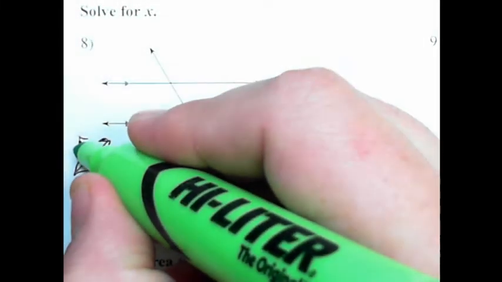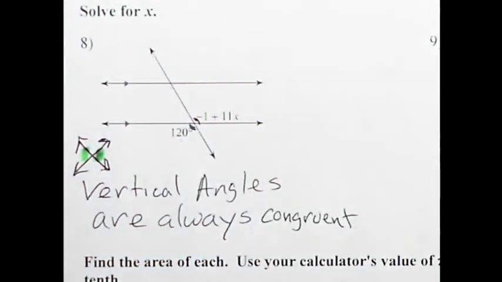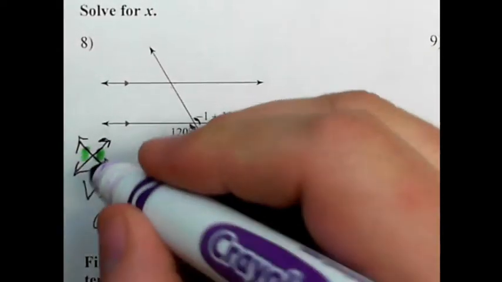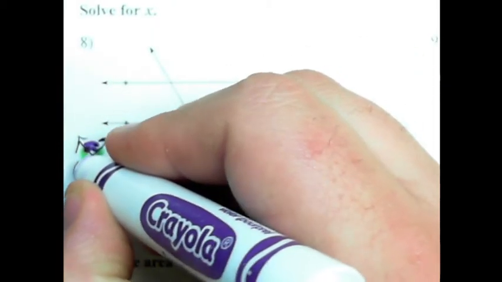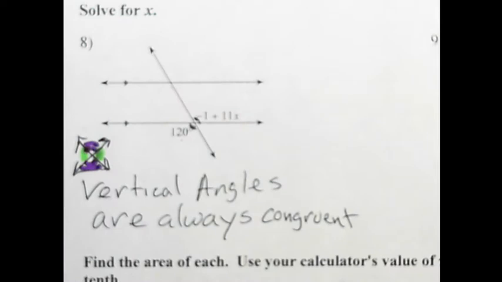This angle is congruent to this angle, and that angle is congruent to that angle. Those are vertical angles. Two angles across from each other at the crossing lines.